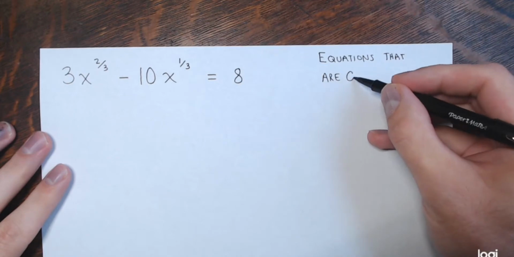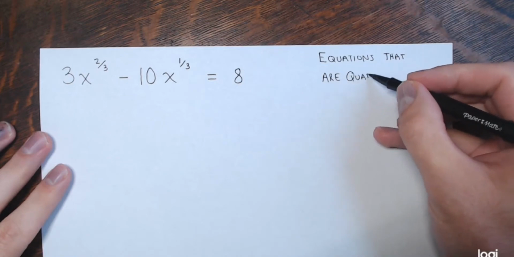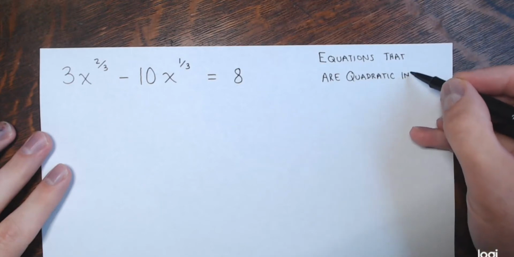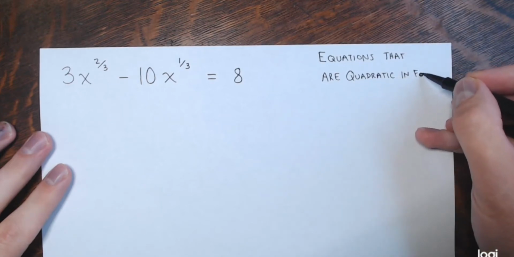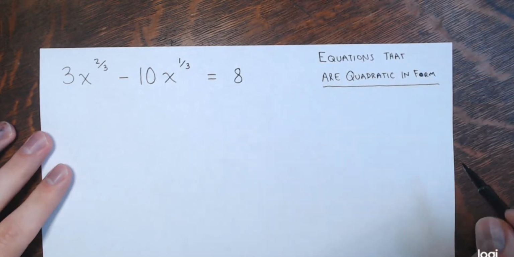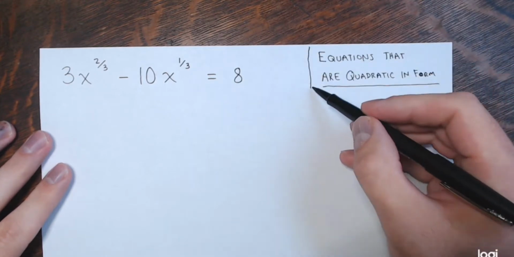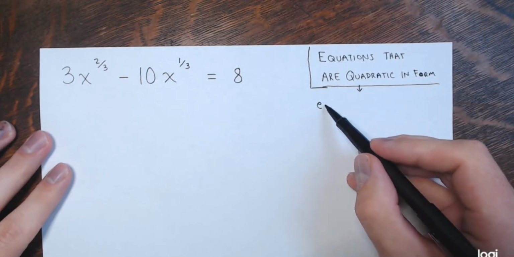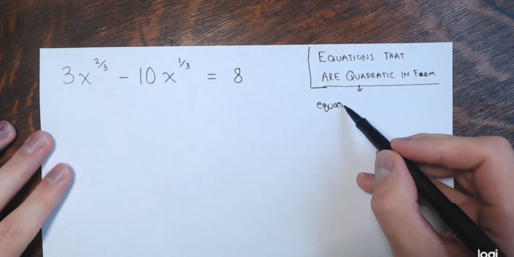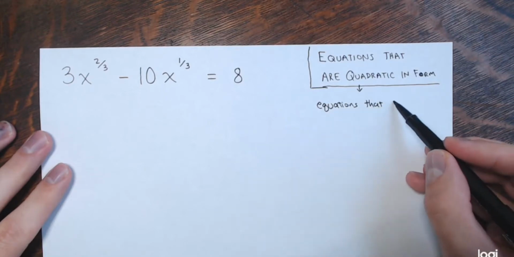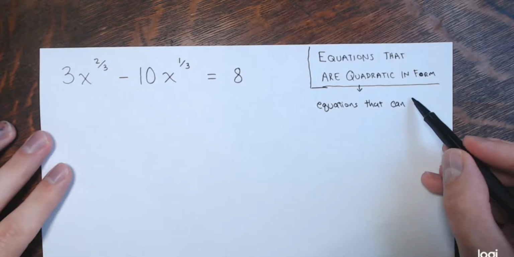So equations that are quadratic in form, what does that mean? These are just equations that can be written in the following form.